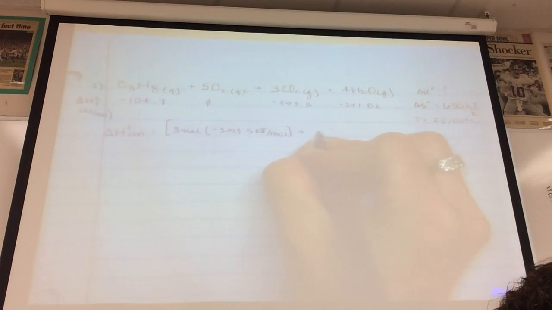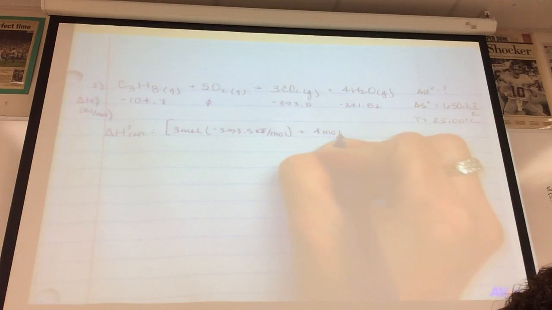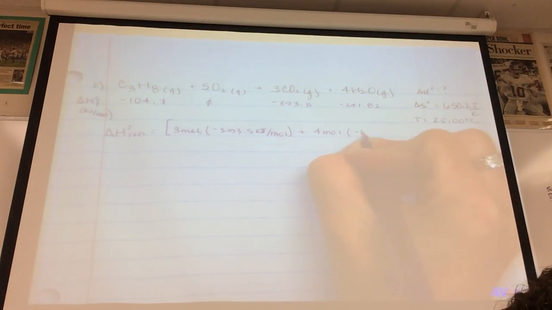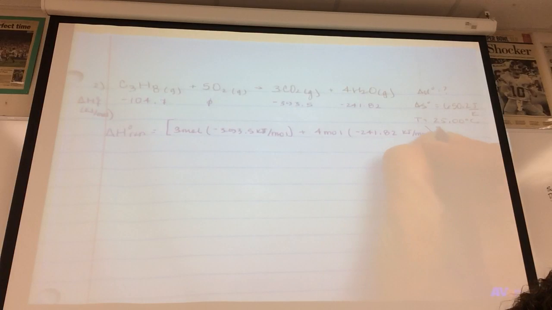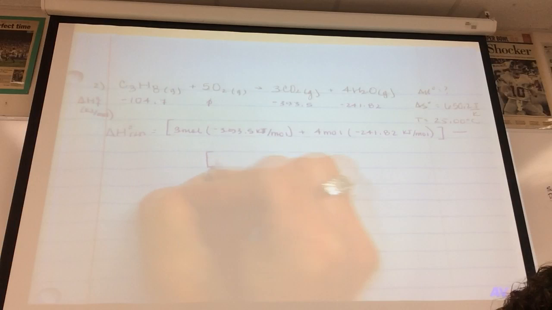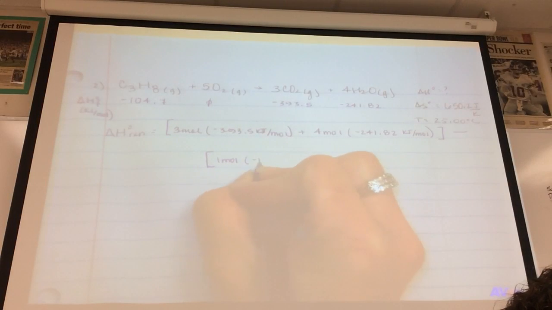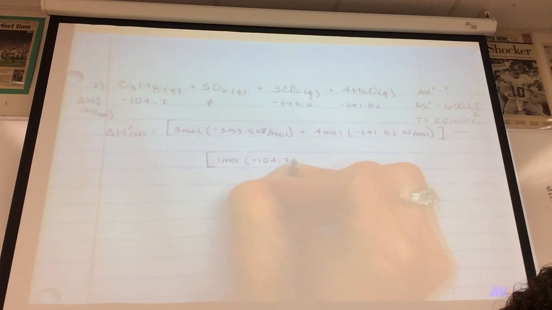Don't do that. 4 moles of water, negative 241.82 kilojoules per mole, close, minus, just like you did on the quiz, 1 mole of propane, negative 104.7 kilojoules.